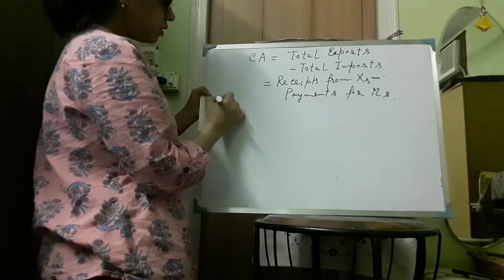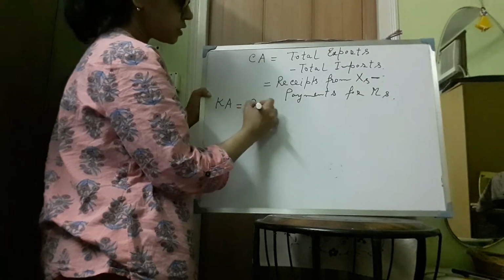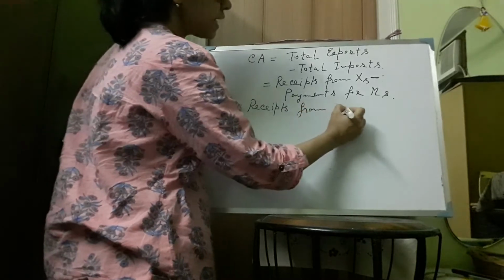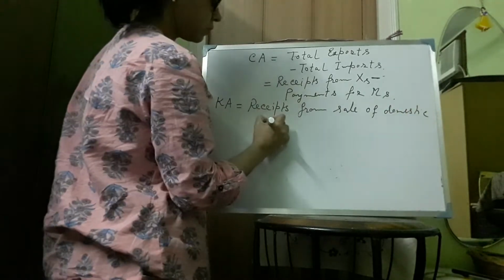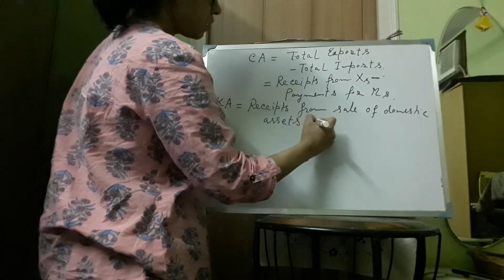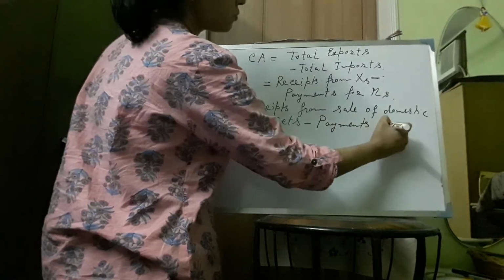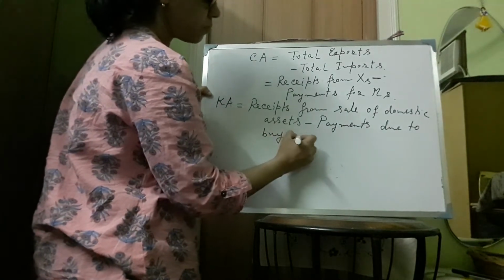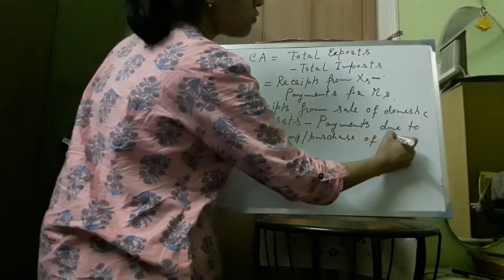Now what is capital account? Capital account is the difference between receipts from sale of domestic assets to the trading partner, minus the payments due to purchase of foreign assets.